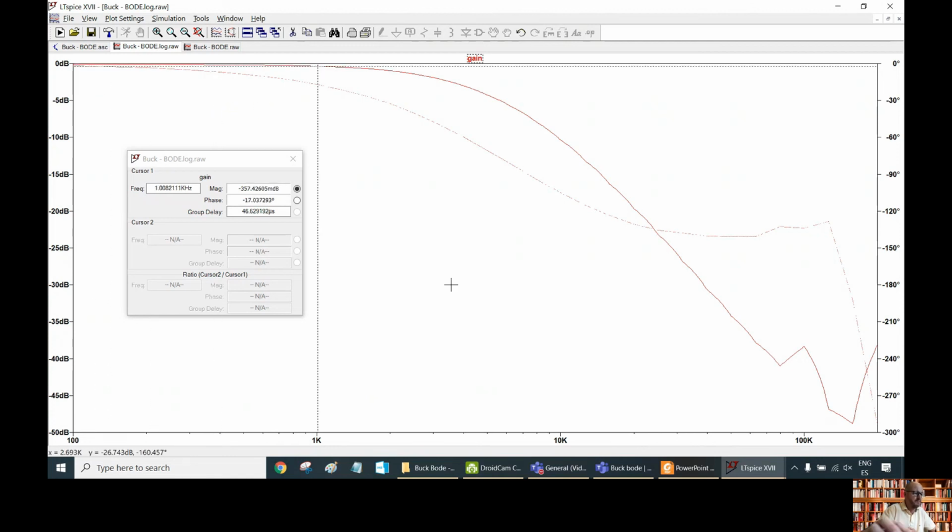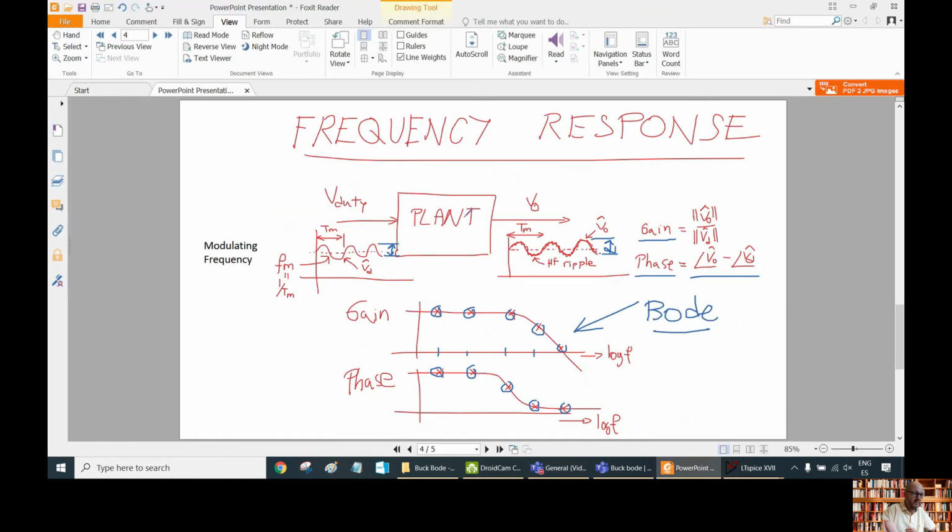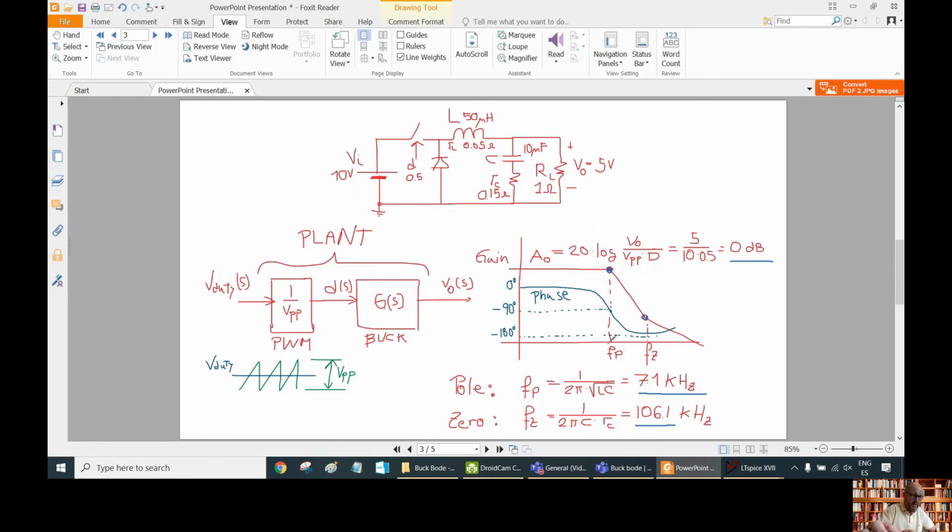If we remember, we can obtain the frequency of the main pole by looking at the frequency at which we obtain minus 90 degrees.